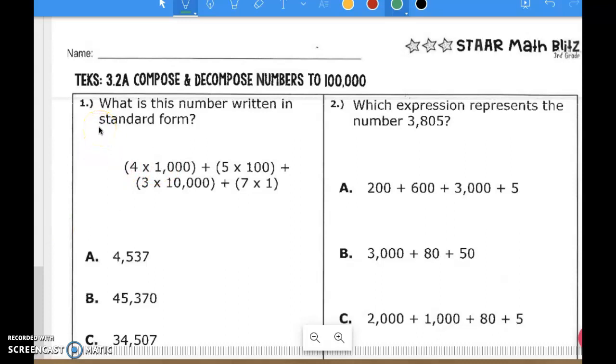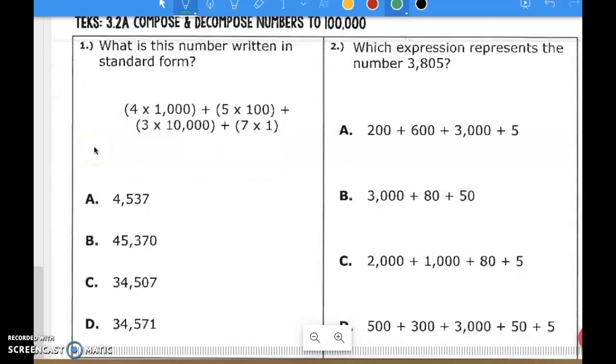What is this number written in standard form? Oh, these are fun. 4,500. So you have 4,000. I'm just going to substitute the number 1 for the digit that I have. 4,000, and you have 500, and you have 30.